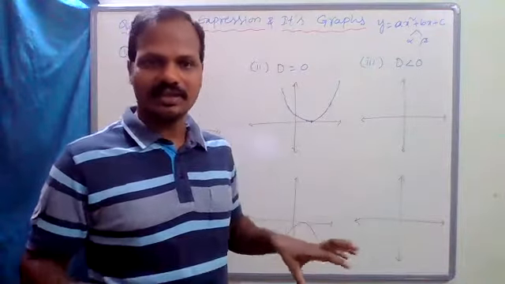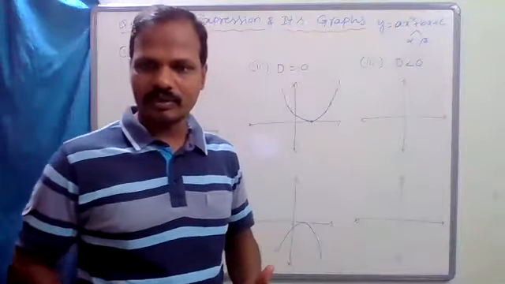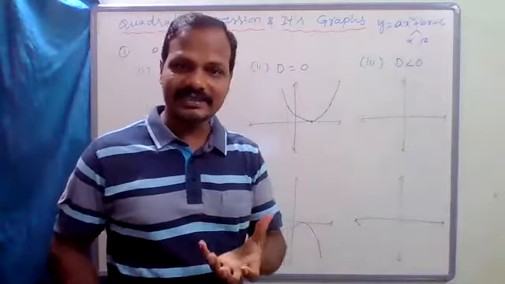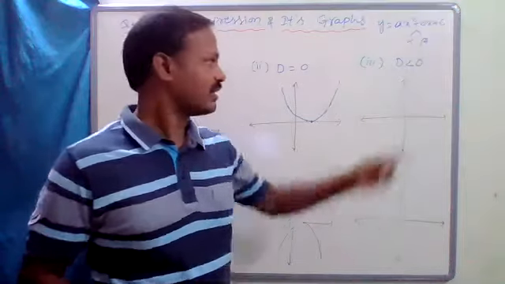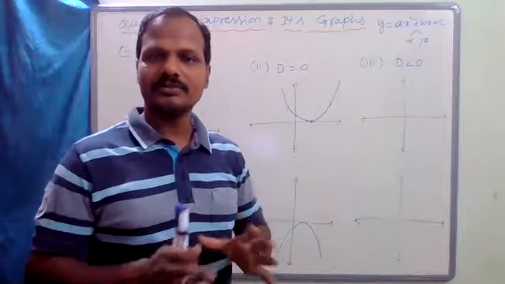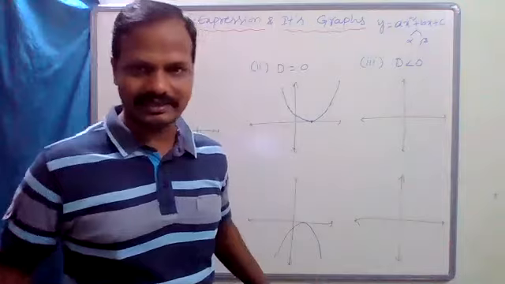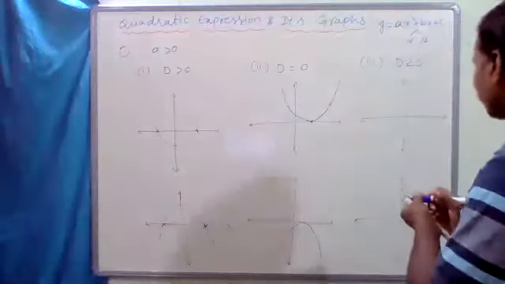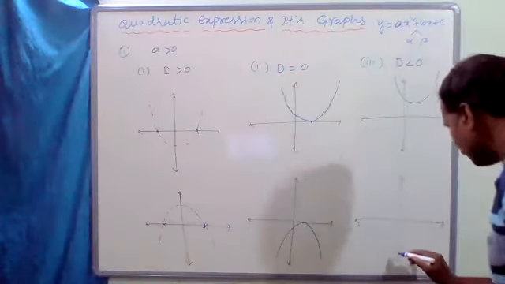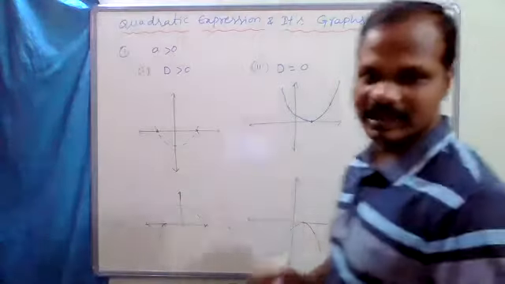If the graph meets the x-axis, then there are real roots. But D less than 0 means no real roots, so the graph does not touch or intersect the x-axis. So the graph may be like this or like this. It does not meet the x-axis.